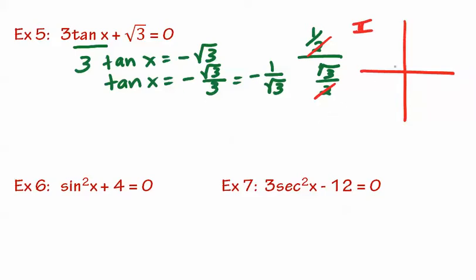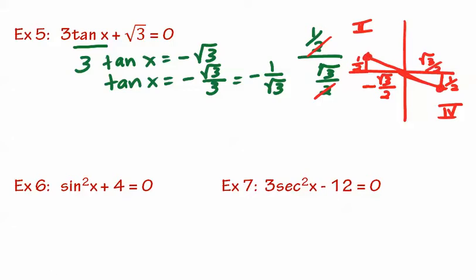In quadrant 2, if I draw that 30, 60, 90 with short leg of 1/2, long leg square root of 3 over 2, the x-coordinate is negative, but the y is positive, so that would work. And we also have that same 30, 60, 90 in quadrant 4, where the y-coordinate is negative, but the x-coordinate is positive. So we've got these two angles.